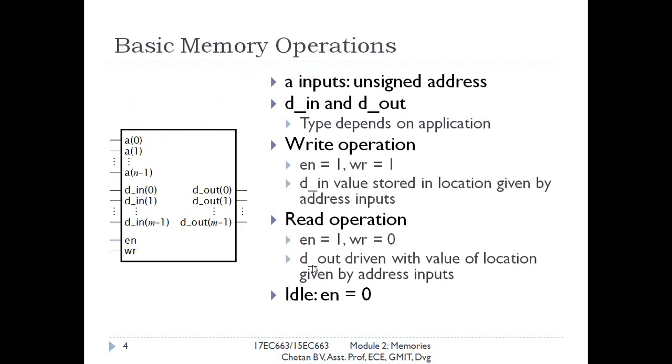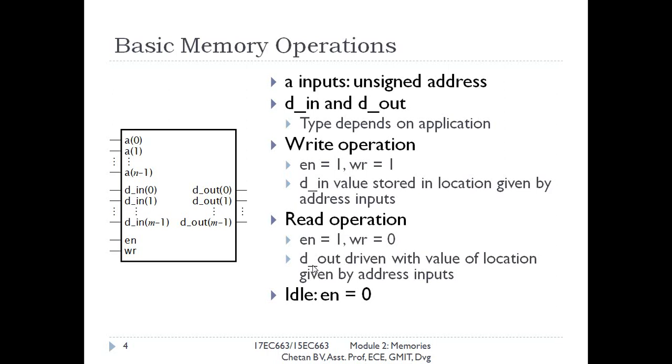For example, the same 32K into 32-bit memory, which is 1 megabit memory, we can organize as 16K into 64-bit memory, also 64K into 16-bit memory. Means you can organize this 1 megabit capacity of memory in different ways.